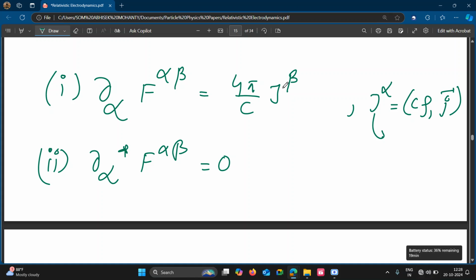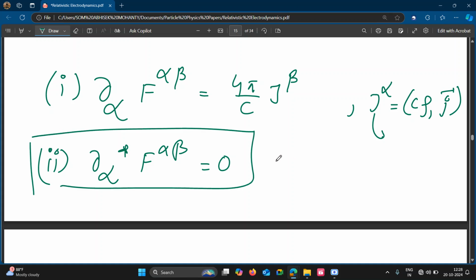So these are the two equations which are the compact form of those four equations. The first tensorial equation is the compact form of the first two equations, the ones which have sources, and this one is the compact form of those two equations which don't have any sources. So this equation is actually an identity, and it's called the Maxwell Bianchi identity.